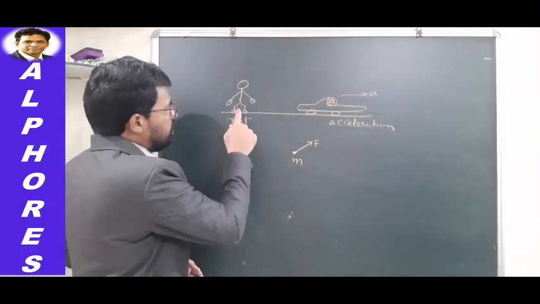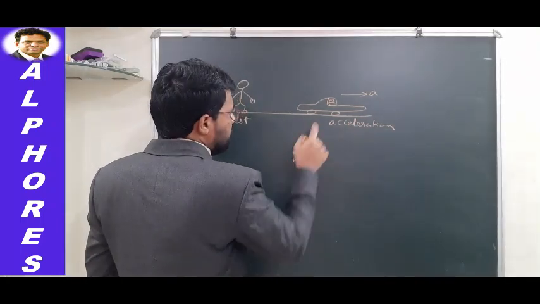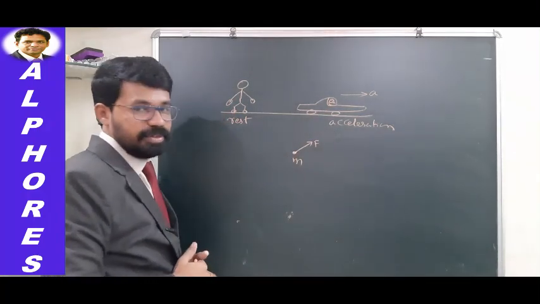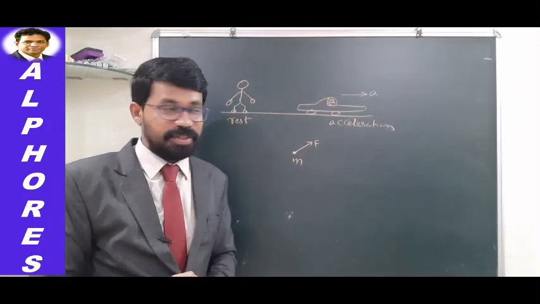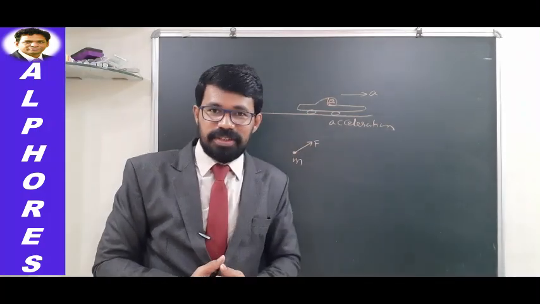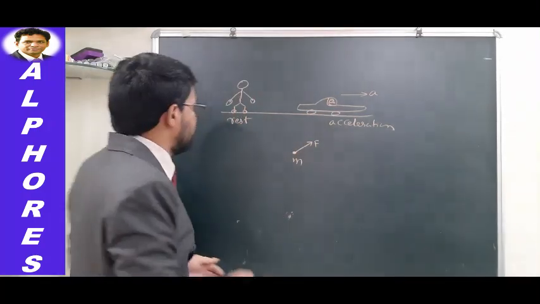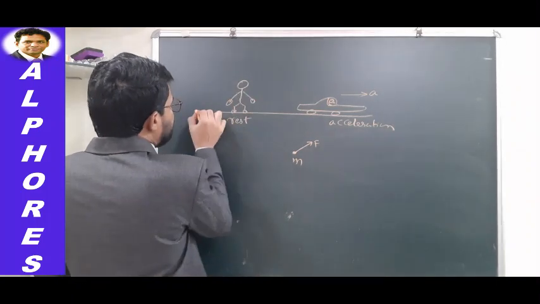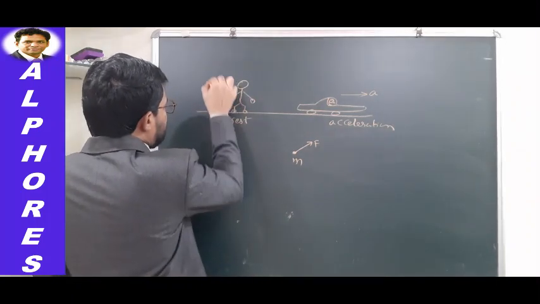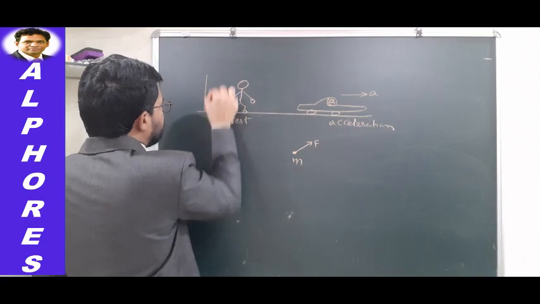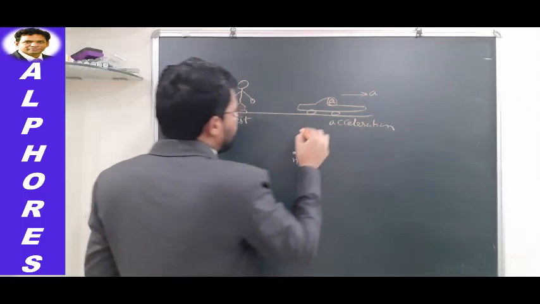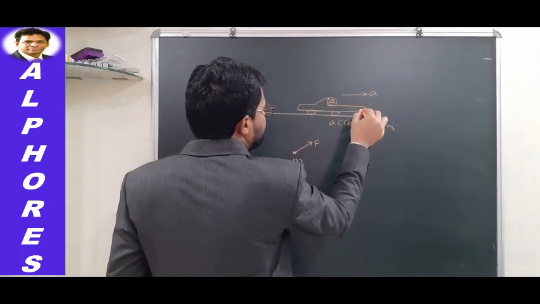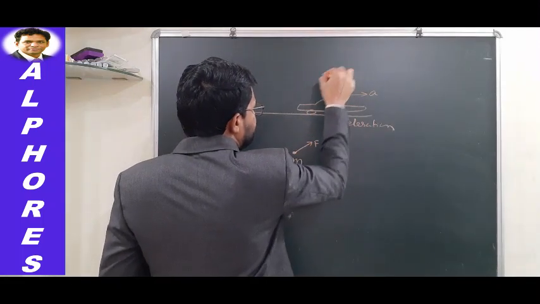Now this observer is observing this particle, and this observer is also observing this particle. So both are observing this particle. But what is the difference? One observer is at rest, so the other observer is at what? Accelerated motion, isn't it? So I will fix one frame of reference to this person on the ground, which is also at rest, and I am going to fix one more coordinate system, x, y, to this car.